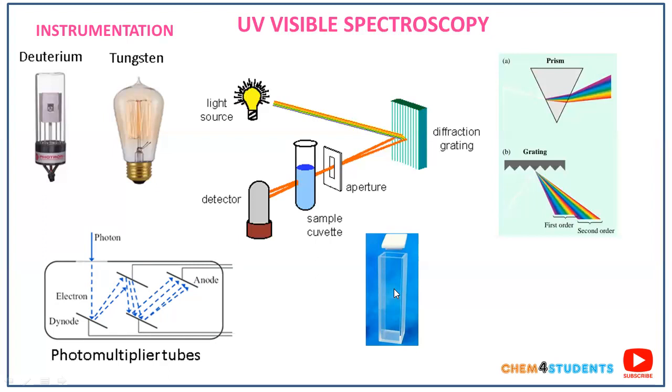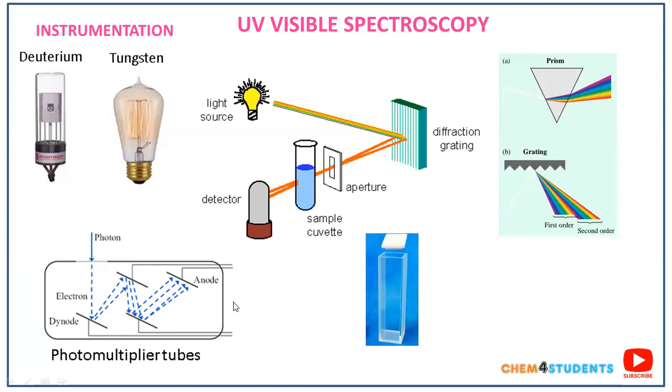Of these, photomultiplier tubes are the most commonly used, and they are highly expensive and highly sensitive components. Why? Because these photomultiplier tubes have diodes, which are useful for converting one photon to multiple photons. That means the signal will be multiplied when we are using these diodes.